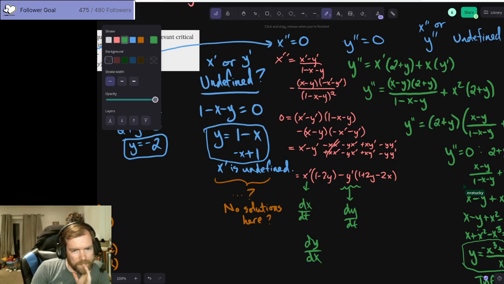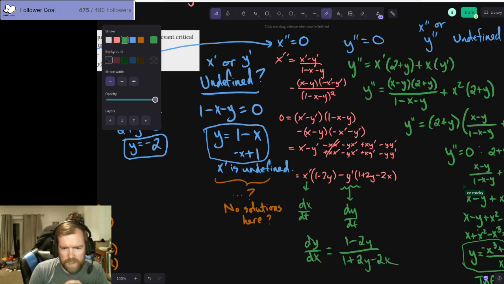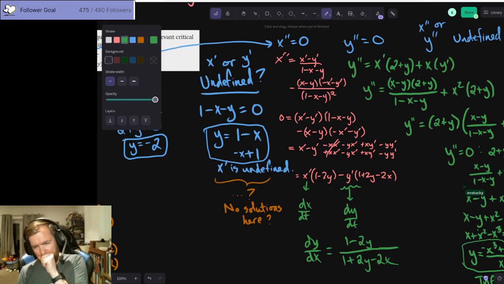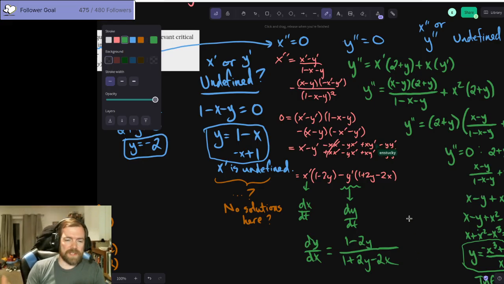And then that would end up getting you, not so bad, 1 minus 2y over 1 plus 2y minus 2x. Yeah, so at least it looks less gross. But at the same time, now this is its own differential equation, and it's not particularly separable. It's still going to be really weird.